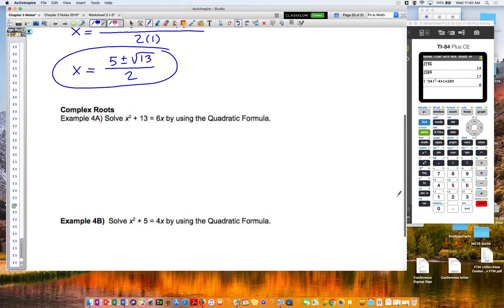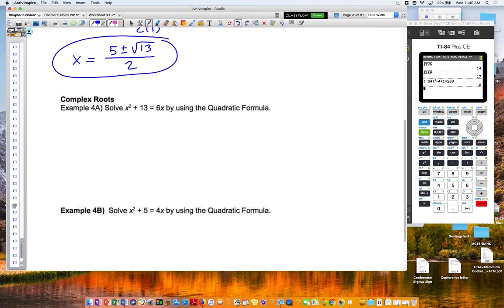All right, last one's complex roots. So on these two examples, when we do it, you might get a square root that's negative and have to simplify that. So let's take a look at this one. So first of all, it's not in order. So I got to rewrite it. X squared minus 6x plus 13 equals 0.